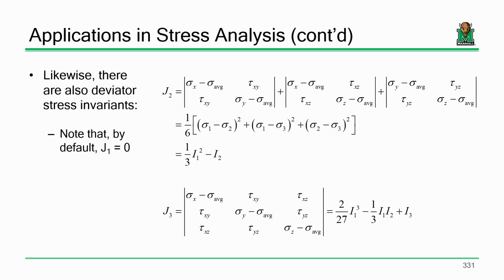Because there is another name for J2 plasticity, and we call it the von Mises criterion. If you expand this out in terms of just your original sigma x, sigma y, and sigma z, and you look up the von Mises yield criterion, there it is. So J2 plasticity is also called the von Mises yield criterion. So you've all done this before, I promise.